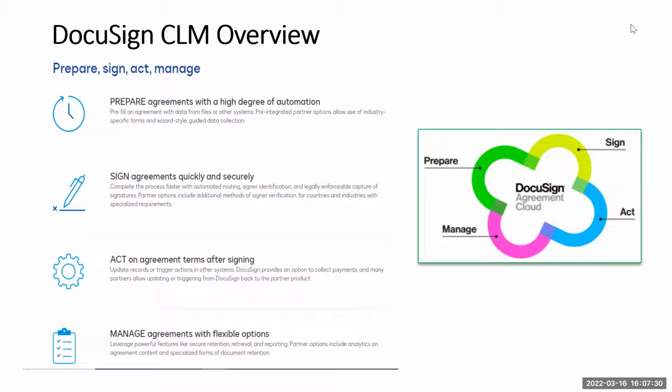And last but not least, when we have a lot of data in the system, the next step is to manage the data, or to pull reports based on that data, so as to provide more insight to the users or the business, as in how the contracting tool is working, or what benefits are being delivered by DocuSign. For manage, I would say the reports are one of the most important parts of any software.